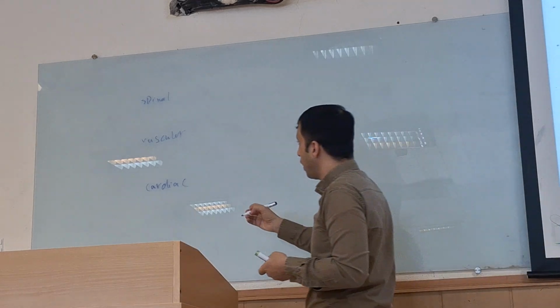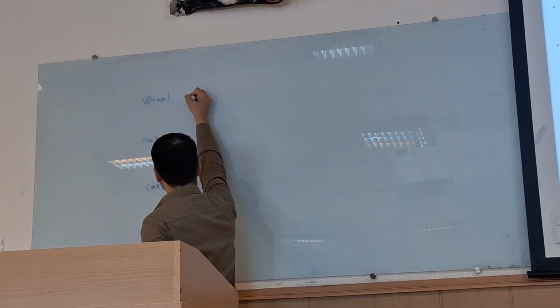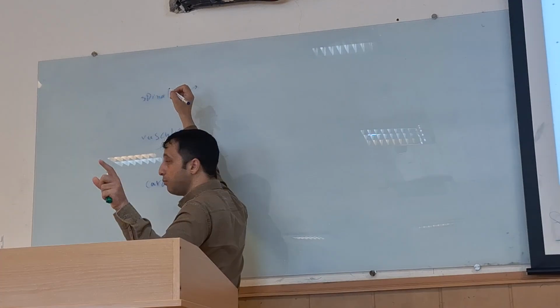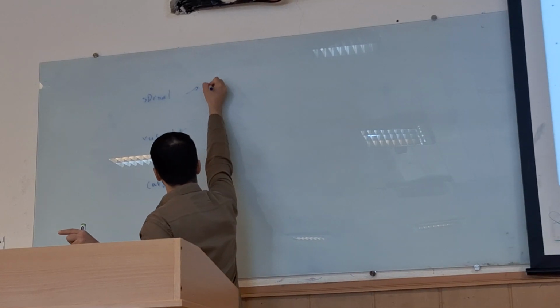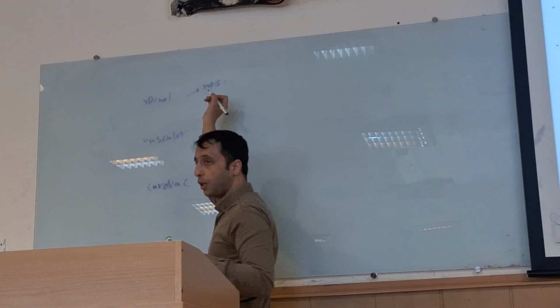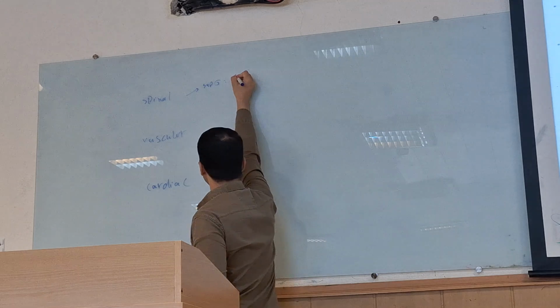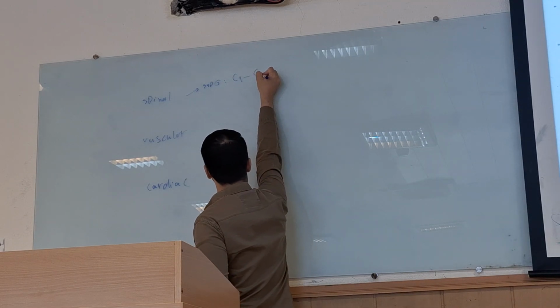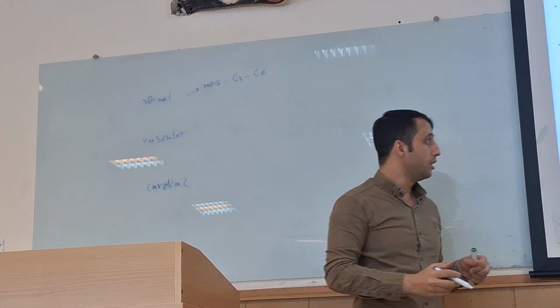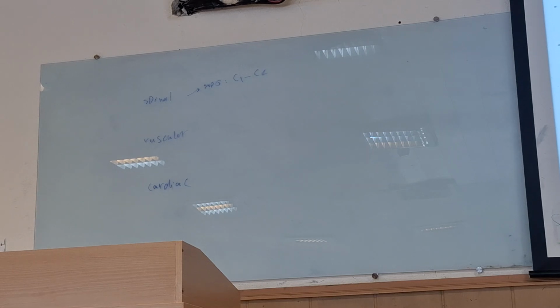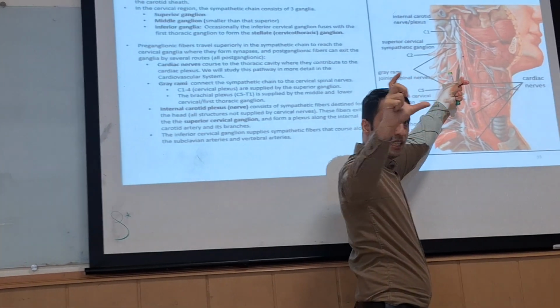The first is spinal. The spinal branch from the superior ganglion goes to C1 to C4. Look at here. Superior is the biggest.